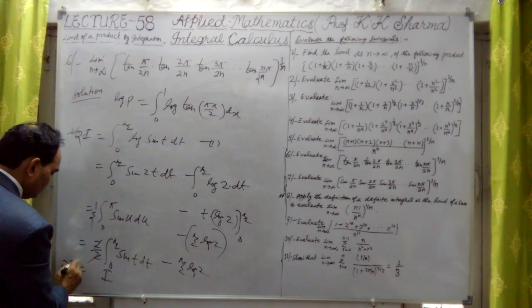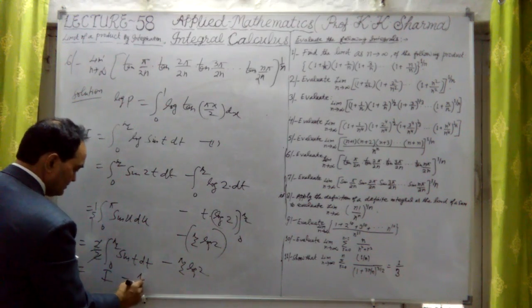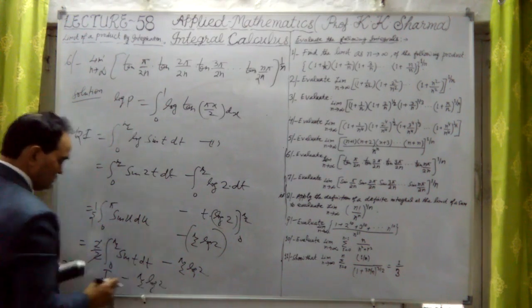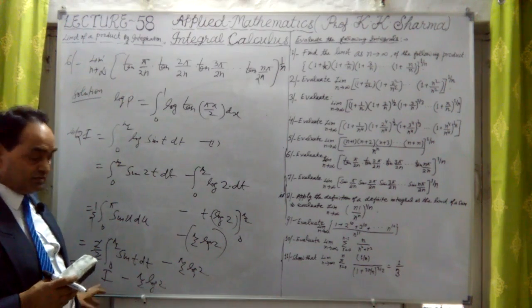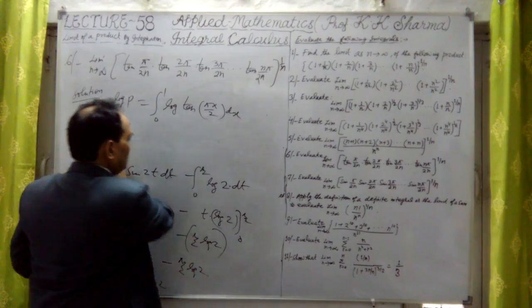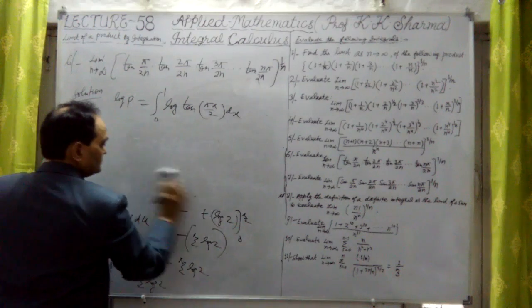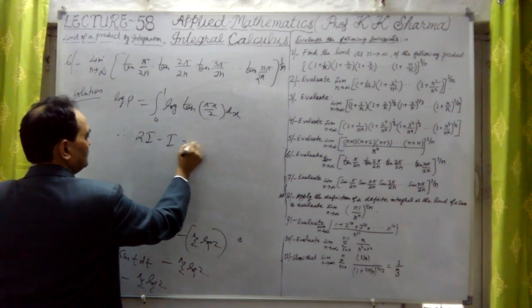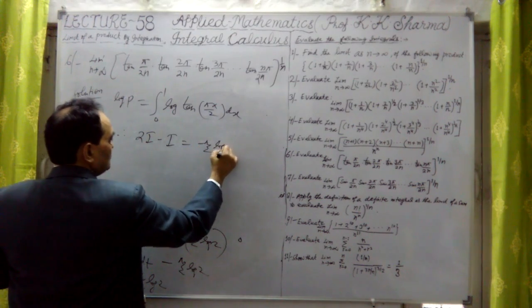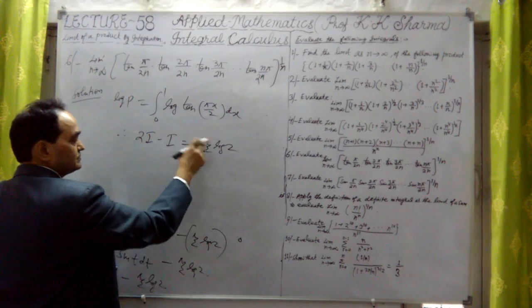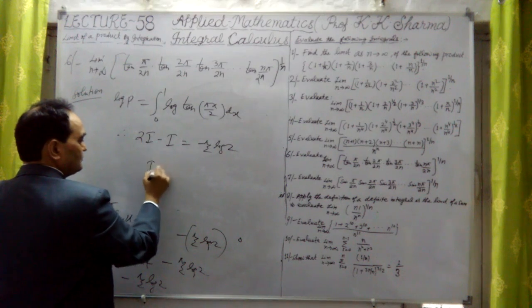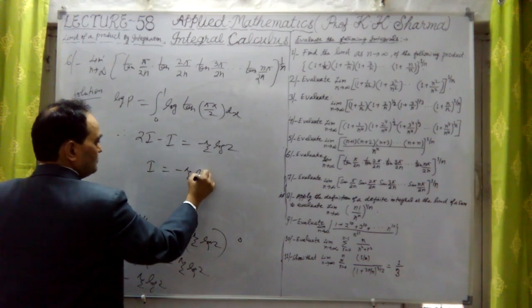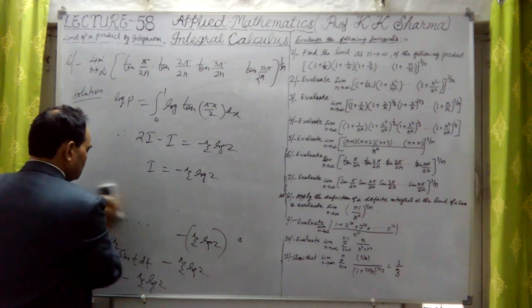Twice I is equal to I minus pi by 2 log 2. I taken to the left hand side will be I only. Therefore, twice I minus I equals minus pi by 2 log 2. This I here is minus pi by 2 log 2, as we have obtained. What is I?